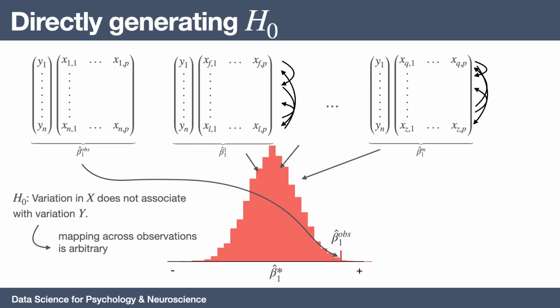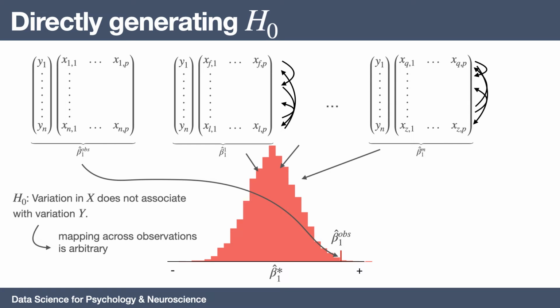What this does is it breaks the mapping across observations between your predictor variable and your response variable, between your x and your y. And the null assumption is now that that mapping is just arbitrary. And so you build a distribution of effects by making that true, by permuting across these observations. And you have m many observations in this distribution of your null hypothesis.